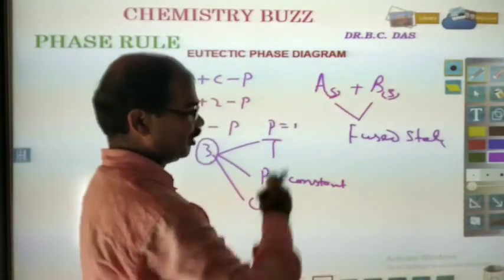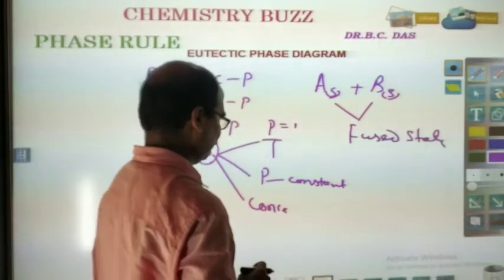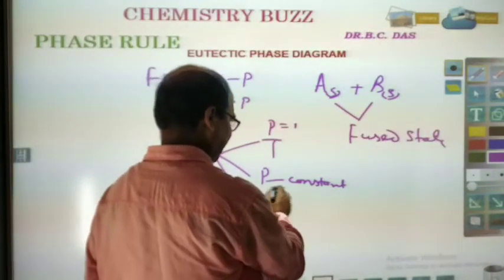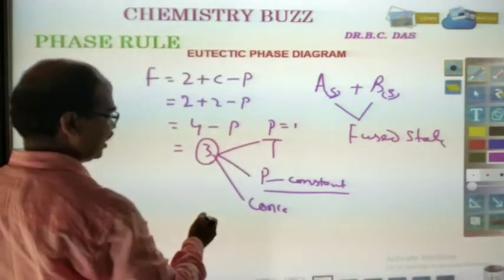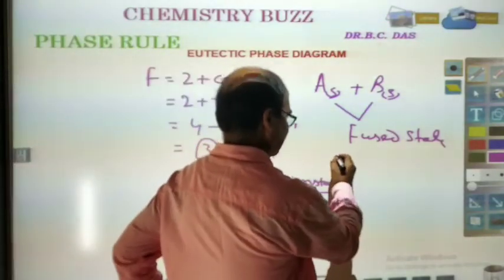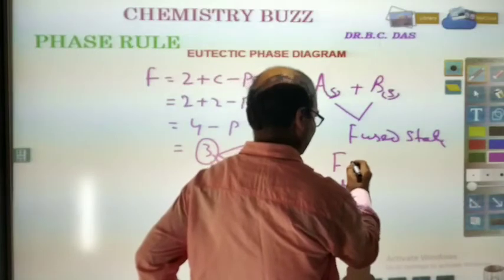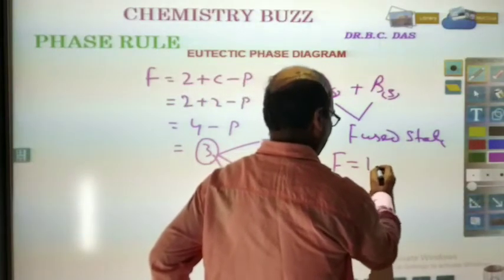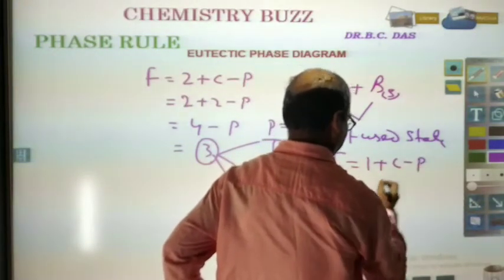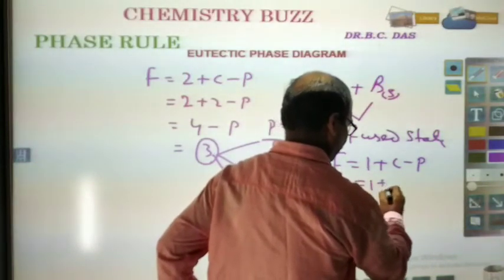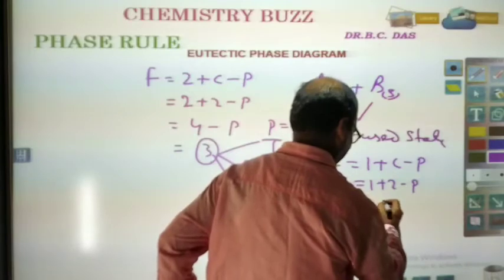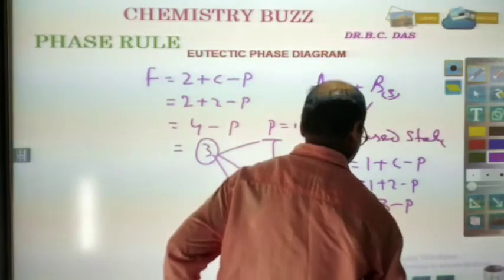There is no involvement of gaseous states, so keeping pressure constant is justified. When pressure remains constant, we have the condensed phase rule, that is 1 plus C minus P, and as it is a two-component system, 1 plus 2 minus P. So this is 3 minus P.